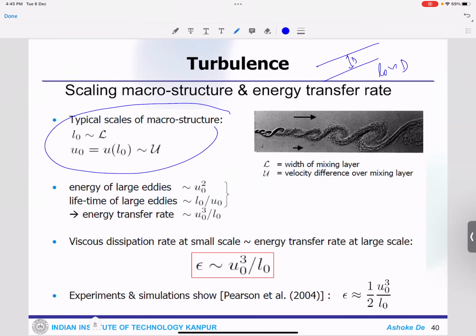And if you have flow over a cylinder, and this is the diameter, then this L naught would be of the order of that diameter, say D_C, the cylinder diameter. That is why we say the macro structures are very much geometry dependent. So the energy of the large eddies would be of that scale. The lifetime of the eddies, you can find out, and this is the energy transfer rate, which you estimate through the energy dissipation or energy transfer rate of the eddies.